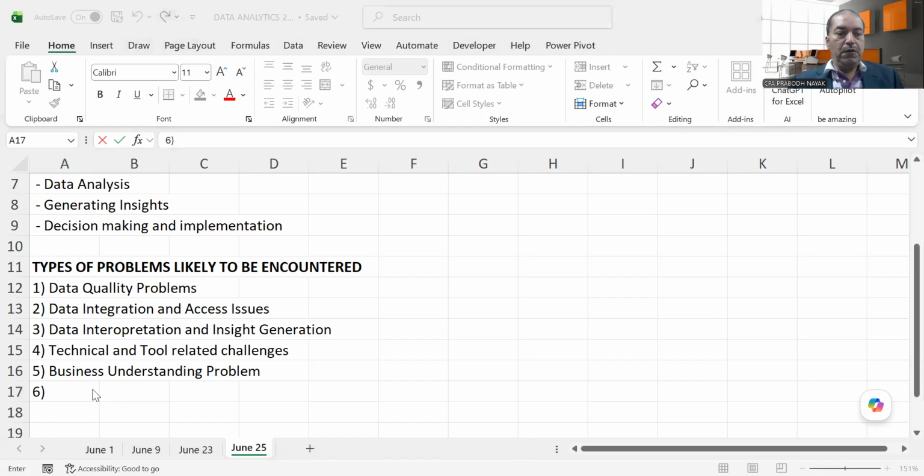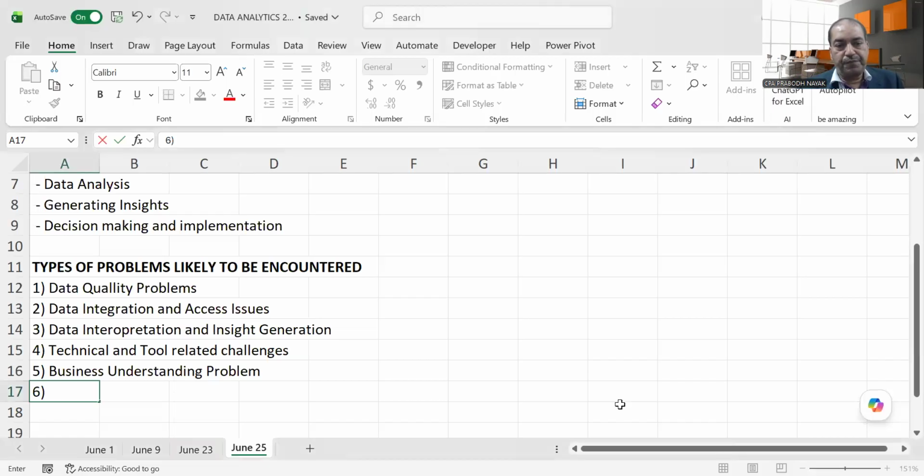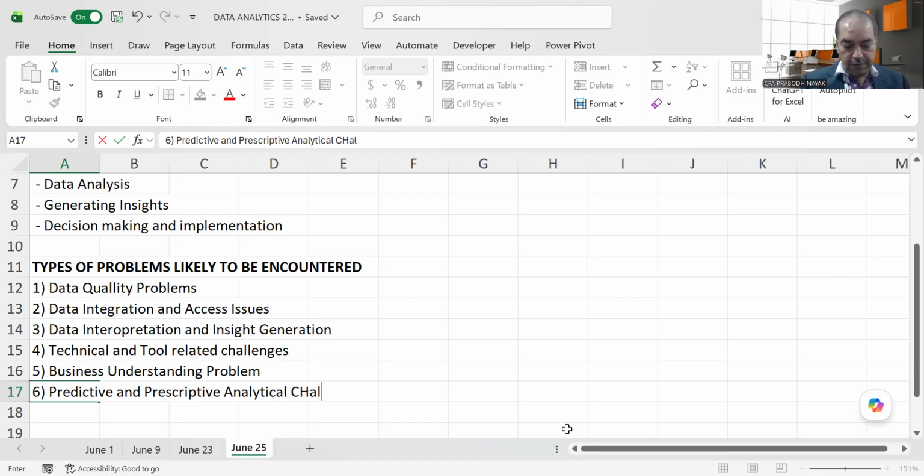So business understanding problem. Sixth one, what can we say? What else remains? Anything that you can think of? Predictive and prescriptive analytical challenges.